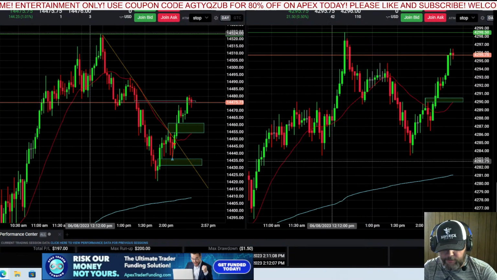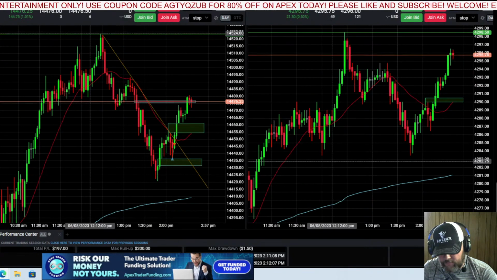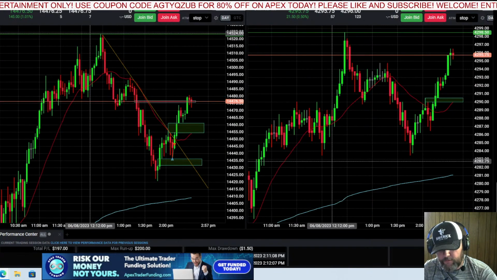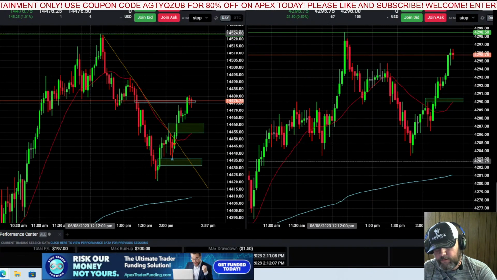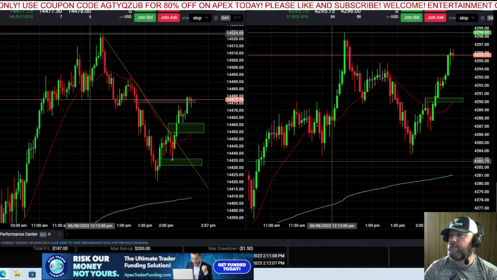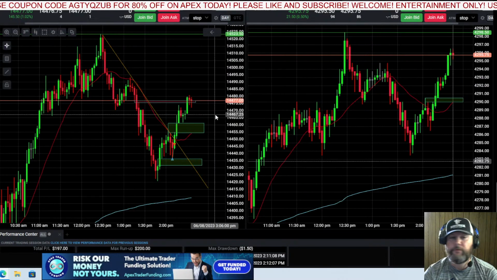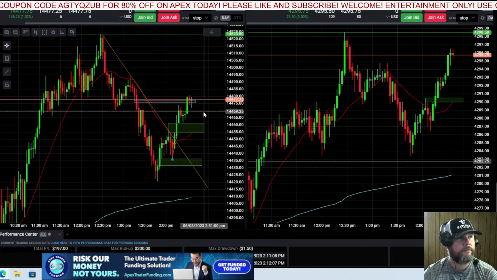Kind of annoyed I see these breakouts happening and then I don't participate. Kind of makes it frustrating. Could certainly have taken some scalps on this move up at the very least, but price action is moving pretty dreadfully slow here.